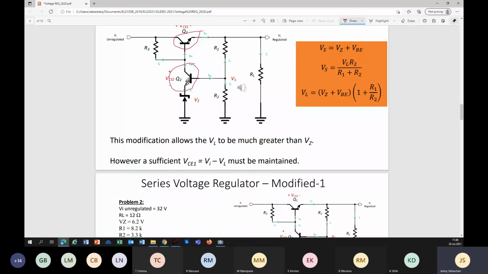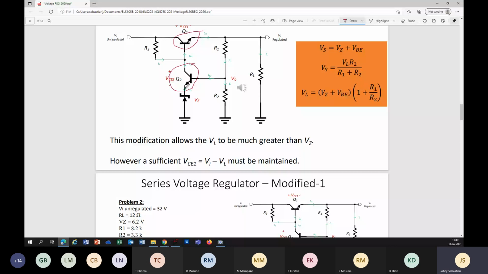In that loop, we include a BJT. Look how the BJT is connected. The collector is going to the base, and the emitter current is the Zener diode current. The current flowing through R3, I am going to call it I3, splits into two different currents, IB1 and IC2.